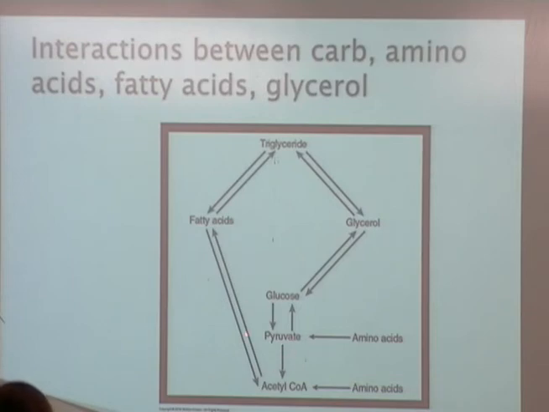The interesting thing happens when we start reversing the picture. I can break down protein. Here's my amino acids. I can break down a protein into its amino acid building bricks. And I can, if I have to, make amino acids into acetyl-CoA and feed them into the Krebs cycle. So I have the mechanism available to use protein for energy if I need to. It's just that usually we don't need to.